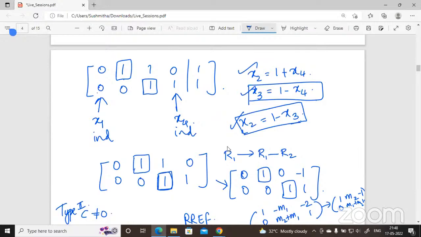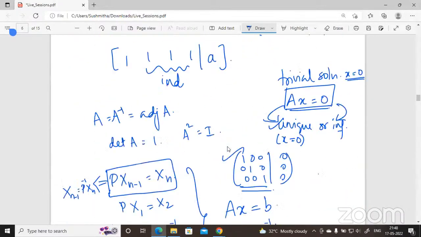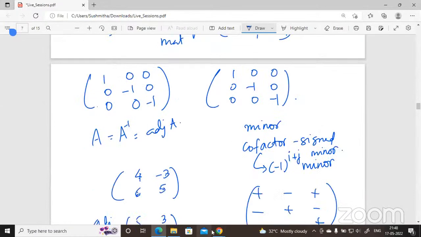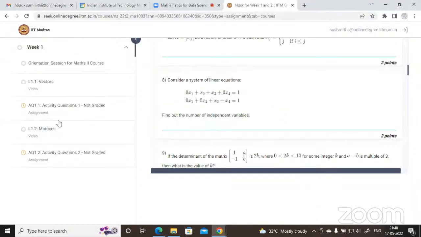Ma'am, small doubt. Shall I ask now? Yes, sure. Ma'am, there is a question in activity question 1.5, question number 8.